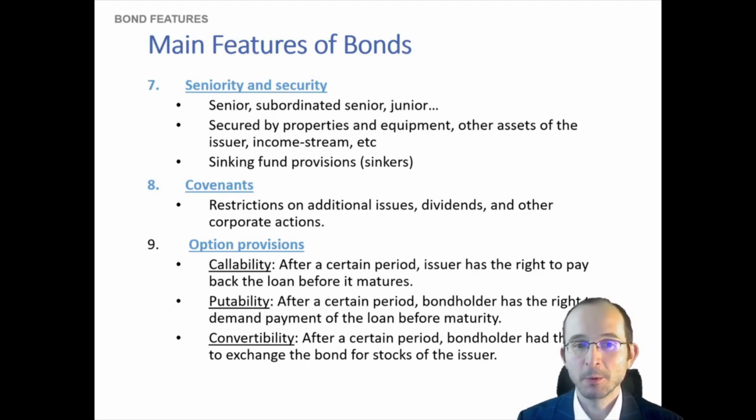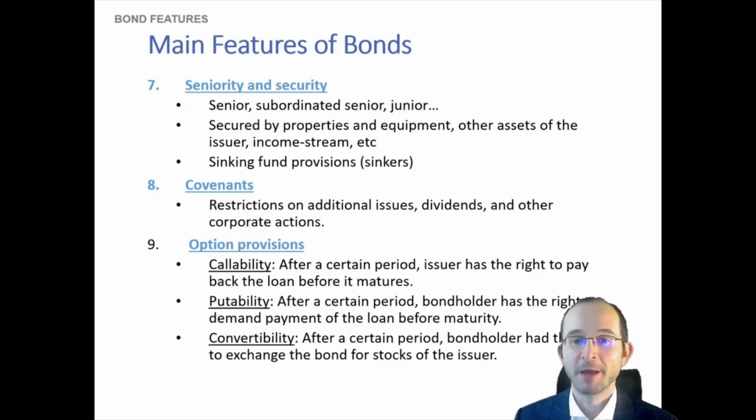And what it lets them do is buy back the bond at a certain time before it matures. Why might they want to do this? Well, primarily if interest rates fall, they might find it advantageous to refinance, pay back the money that they borrowed at a high interest rate, and then re-borrow at the current lower interest rate.